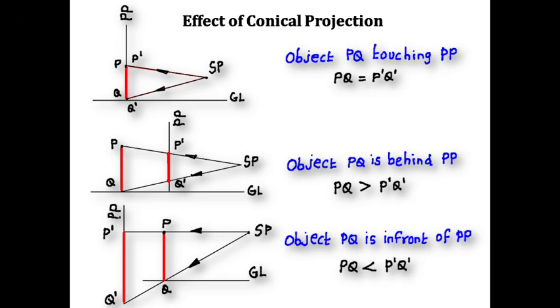This creates a realistic sense of depth, just as we experience in everyday vision. The figure on this slide illustrates this principle, showing how the cone of visual rays produces the perspective image on the picture plane. This concept forms the basis of all perspective projection methods used in engineering graphics.